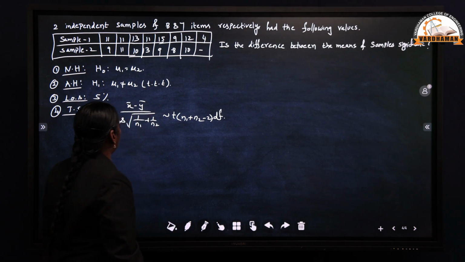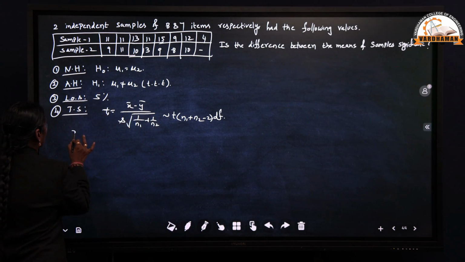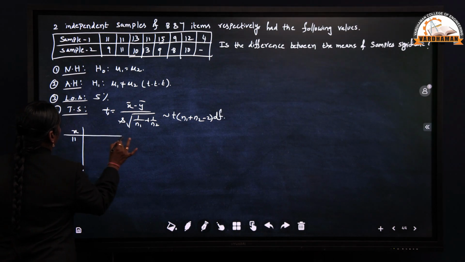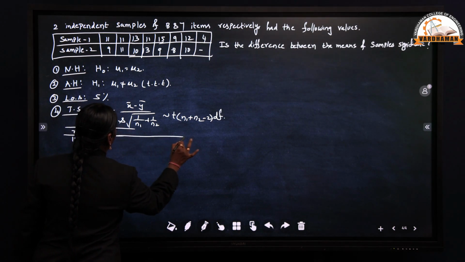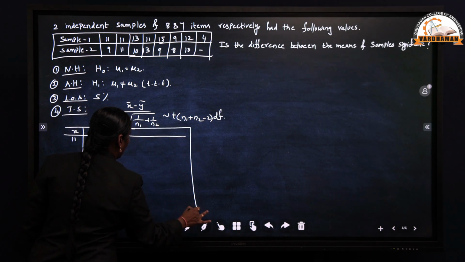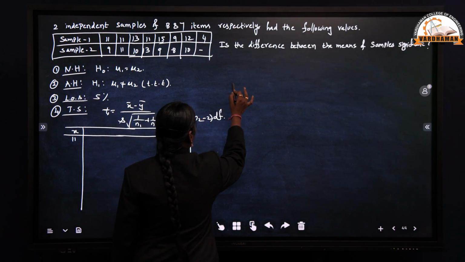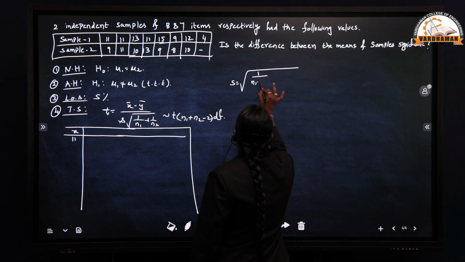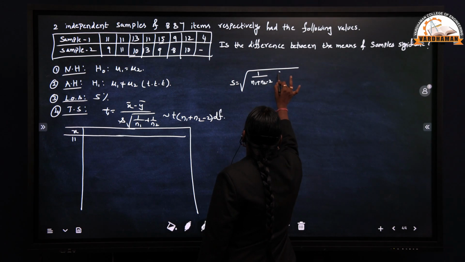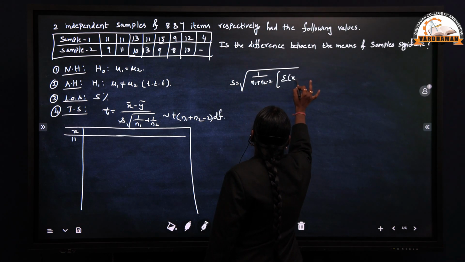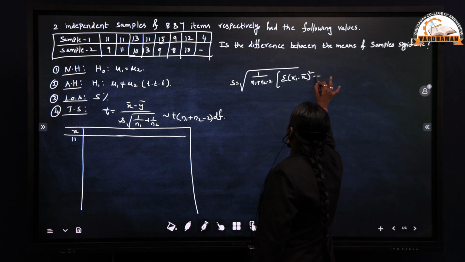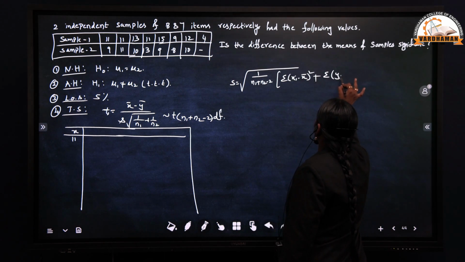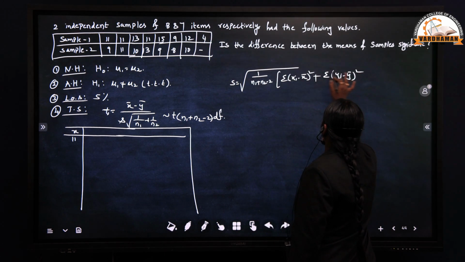Now, let us see the tabular form. We have the x values first. We need the formula s is equal to square root of 1 by n1 plus n2 minus 2, times summation of xi minus x bar whole square plus summation of yi minus y bar whole square.